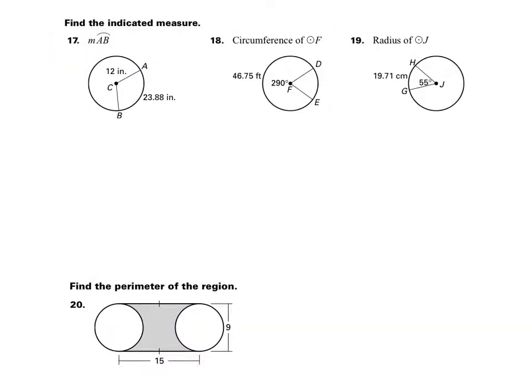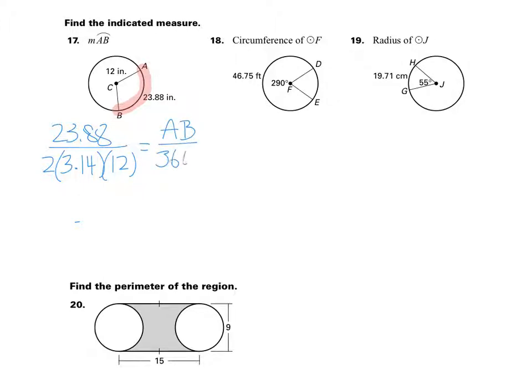And then we go into finding the indicated measures here. Now we're given, and you can see how it's labeled here, this arc length. Okay? So arc length over circumference. We're trying to find the measure of the arc in degrees over 360.